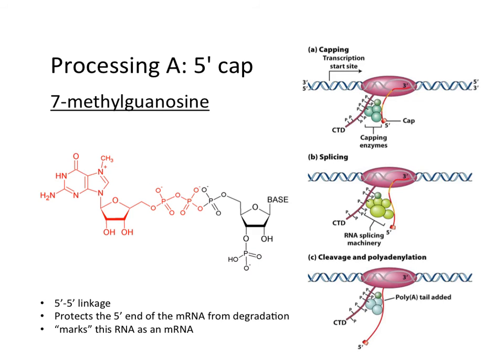That's it. Sometimes abbreviated 7-MG, 7-methylguanosine. What this cap does is what's really important, which is that second bullet point in the middle here on the bottom left. It protects the messenger RNA from being chewed up by enzymes in the cell.